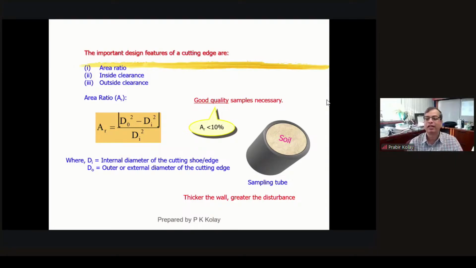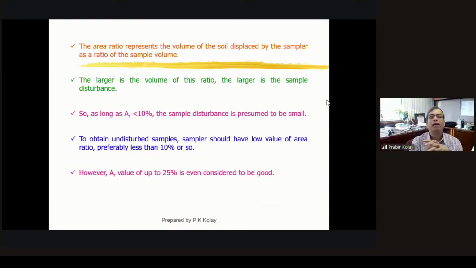If you know the outside diameter of the sampling tube and the inside diameter of the sample tube, then you can find the area ratio. If the area ratio is less than 10%, it means it's a good quality sample. The area ratio represents the volume of soil displaced by the sampler as a ratio of the sample volume.